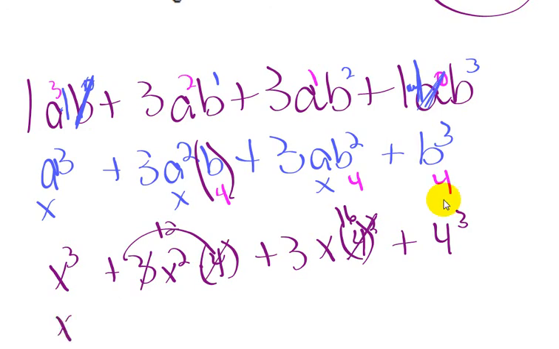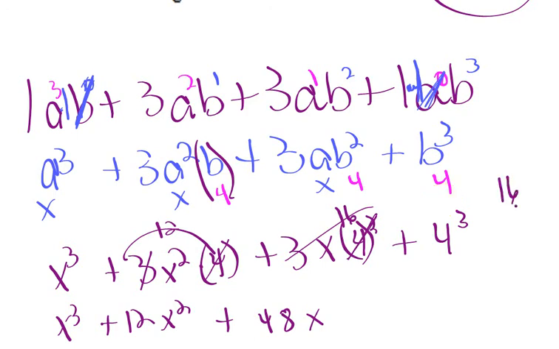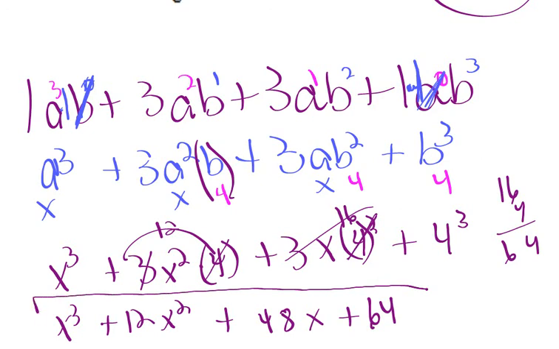So we have x cubed plus 12x squared. 16 times 3 is, let's see, 48. So 48x. And 4 cubed, 4 times 4 is 16 times 4 is going to be 64. So we've got plus 64. And there's your answer. Make sure it's nice and cleaned up before you say that's my final answer.